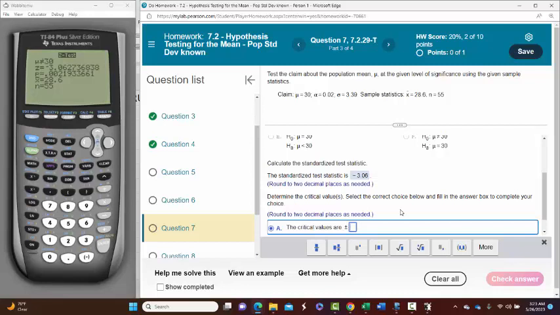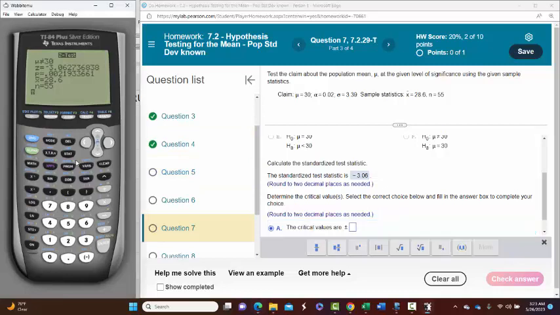So let's see. Now you can get the critical value here by doing inverse norm, because I'm going to put this all in the Excel here in a second. For this one you want inverse norm to get the critical value, not normal CDF.